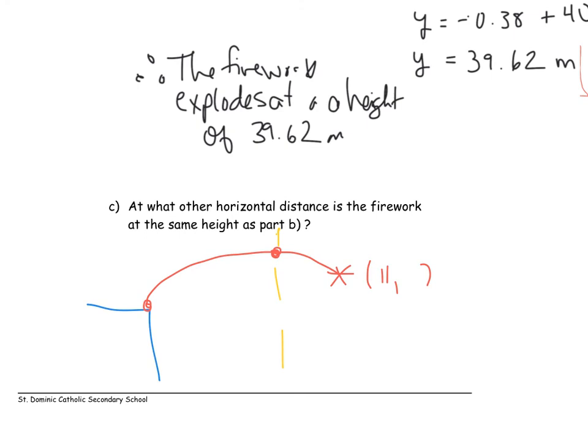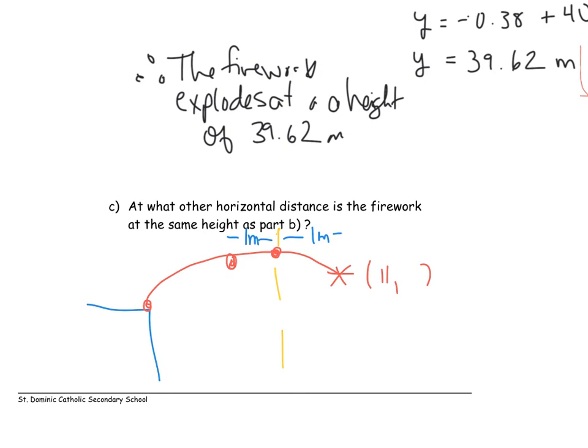So if there was a horizontal distance of 1 meter to the point where it explodes on one side, then all I need to do to answer this question is to recognize that I need to find a similar point on the parabola on the other side of that axis of symmetry. Now I haven't drawn this particularly well, but I know that due to the symmetrical nature of the parabola, I'm going to find the coordinate that has the same height by looking at 1 meter in the opposite direction.